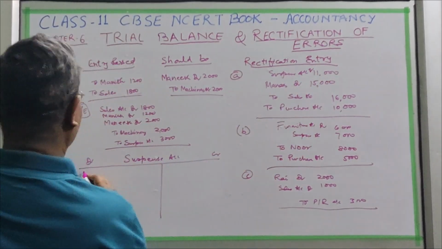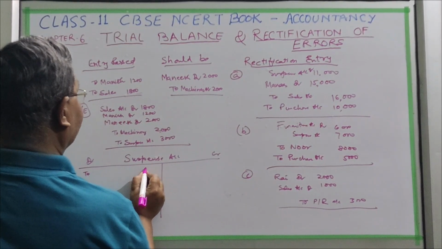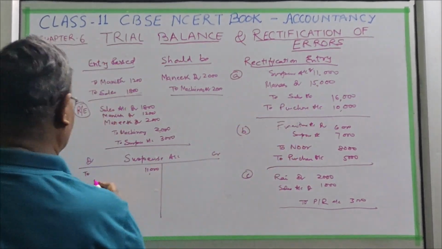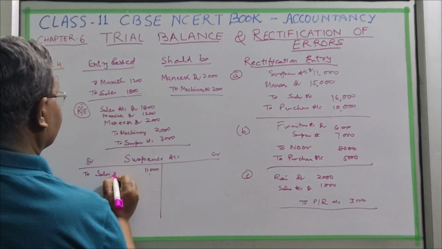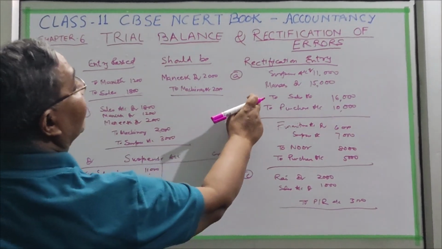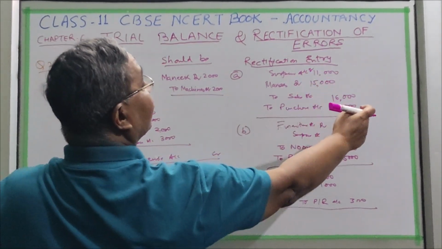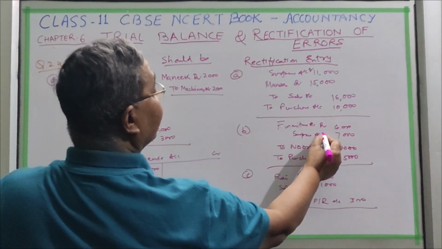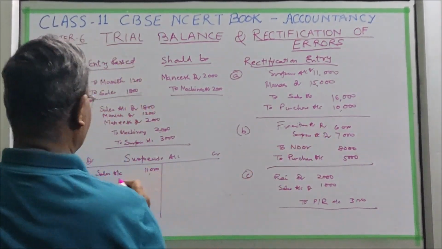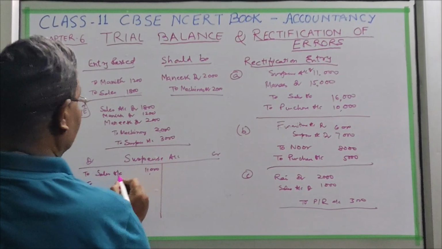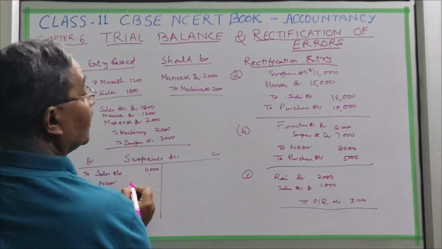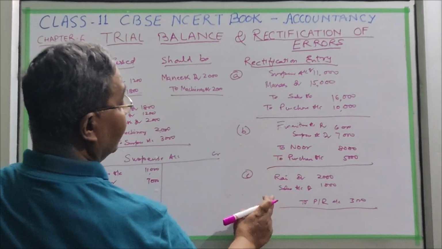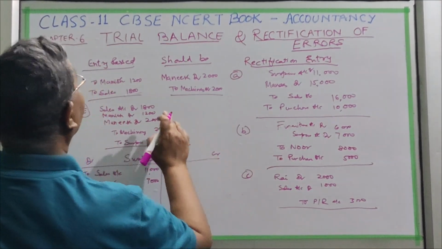So debit side to 11,000, and you write the bigger one to sales account. To sales account 11,000. Anyone which will cover it. So 16,000 is okay. Here suspense account is debit by 7,000. So to Noor, you will take to Noor 7,000. Okay, this is over.